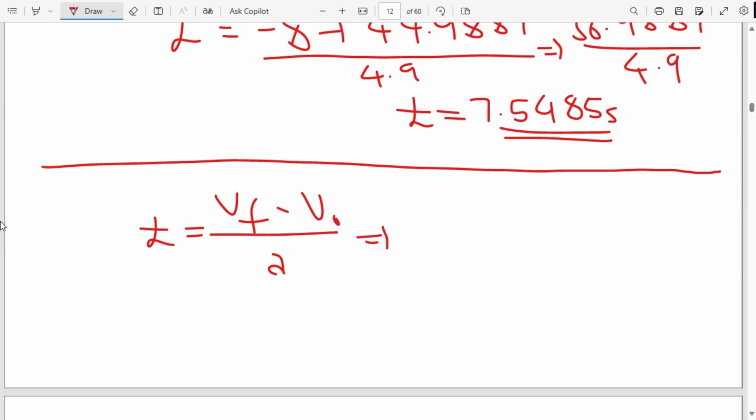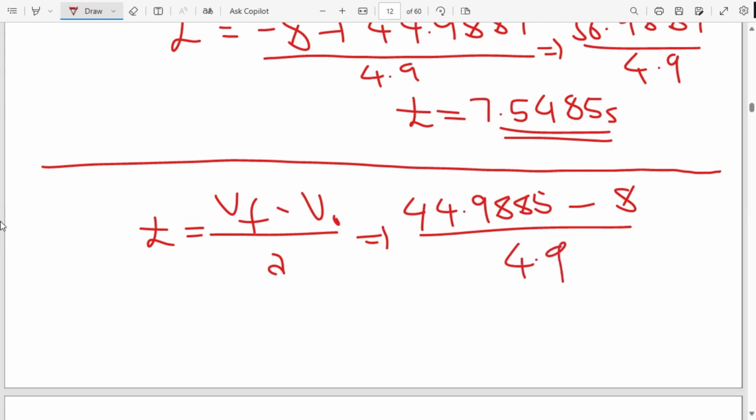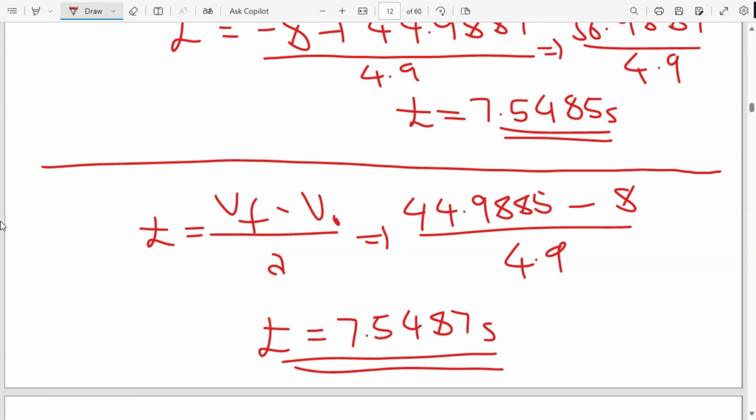V final, we found to be 44.9885, minus the initial velocity, which is 8, over the acceleration, which was 4.9. And this is going to give you a time of 7.5487 seconds. So using the alternative route, we still get the same value of time, but method B is way shorter than the first method we used. So it is up to you to pick whichever one you'd love to use.